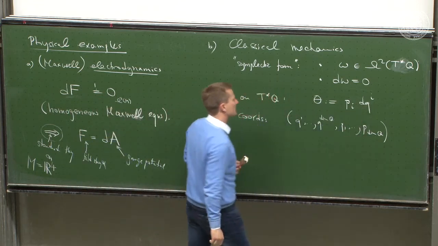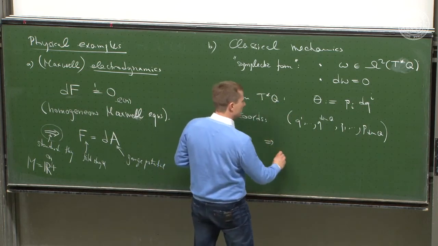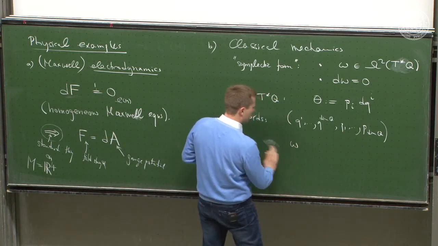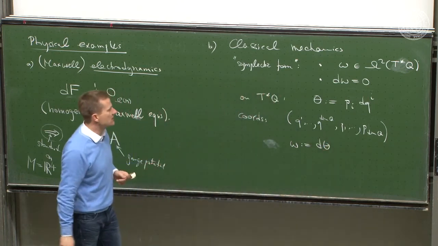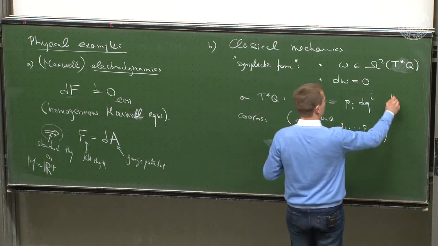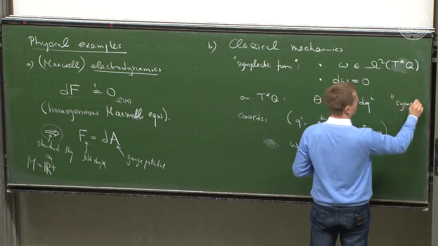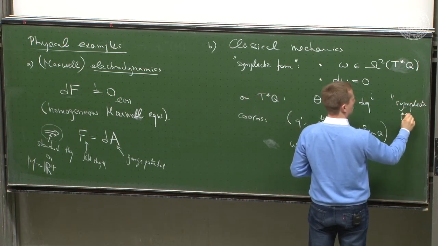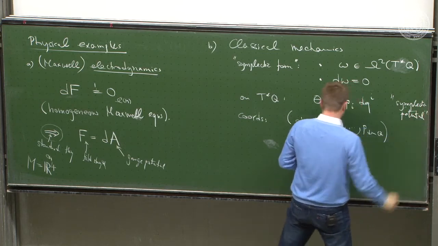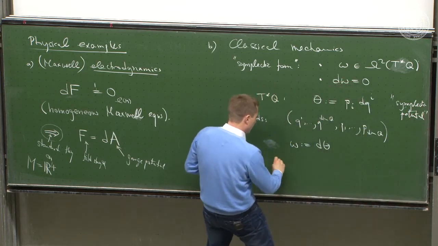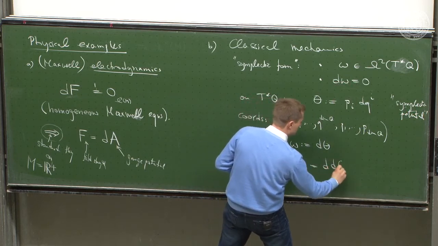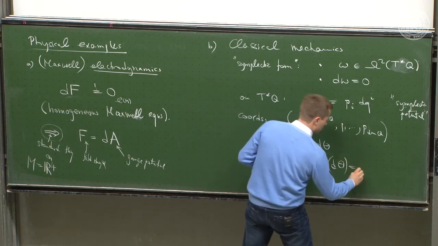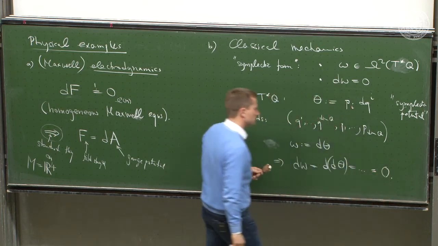You can write down this guy, and then indeed it follows that if you define omega as the exterior derivative of this symplectic potential, you see this is really an analogy, symplectic potential, then indeed you find that d omega is d theta, and you calculate this and you get 0.